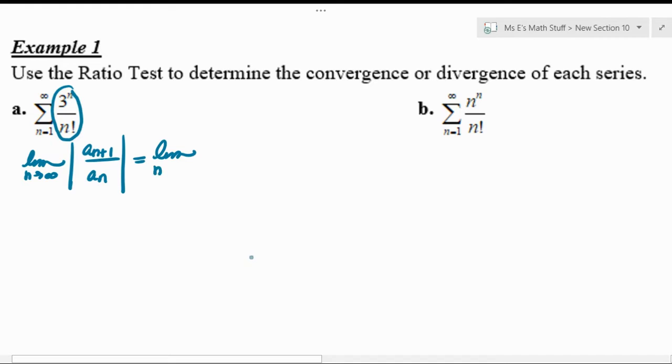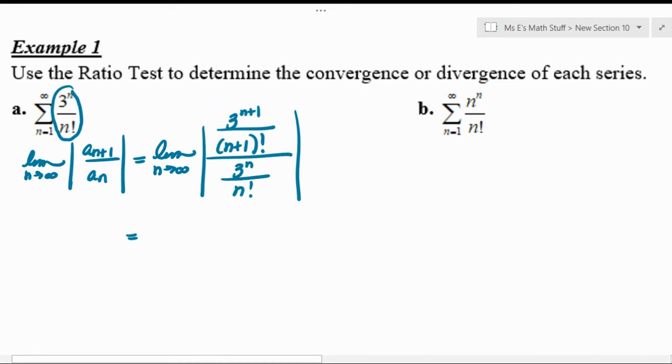So now let's go ahead and show what this would equal for this particular problem. So a sub n plus 1 would be 3 to the n plus 1, I'm just replacing all the n's with n plus 1, over n plus 1 factorial. And then we're dividing it by a sub n, which would simply be 3 to the n over n factorial.